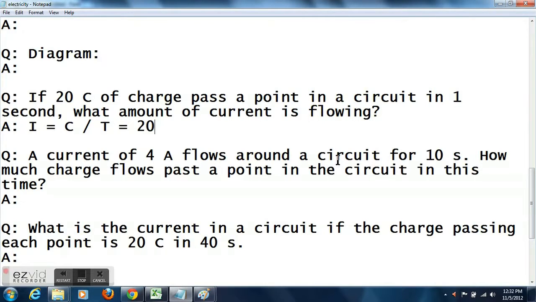So charge is 20 coulomb and time is 1 second. So current flow will be 20 ampere. Actually, it should be not C, it should be Q. It is coulomb per second.